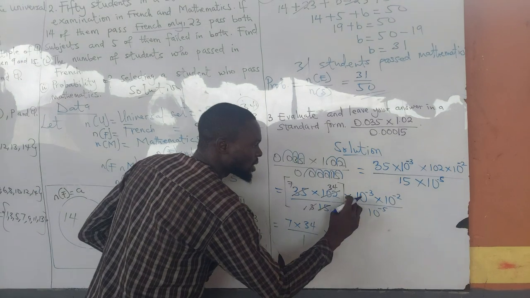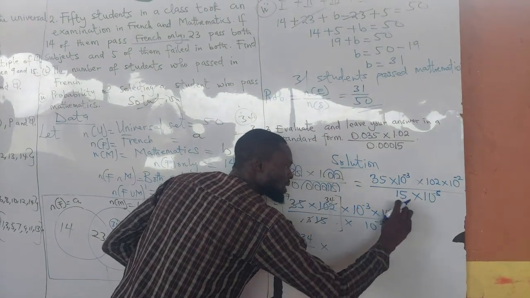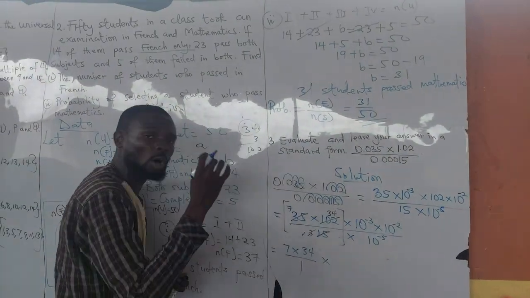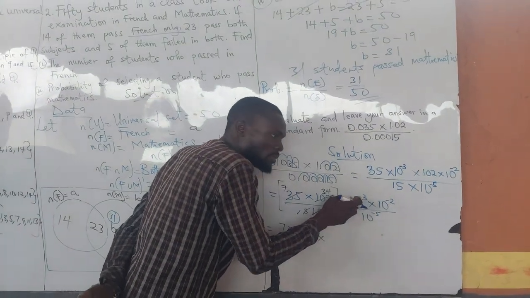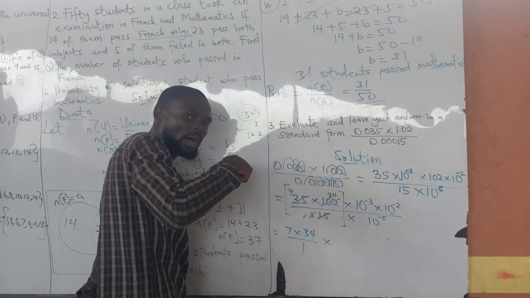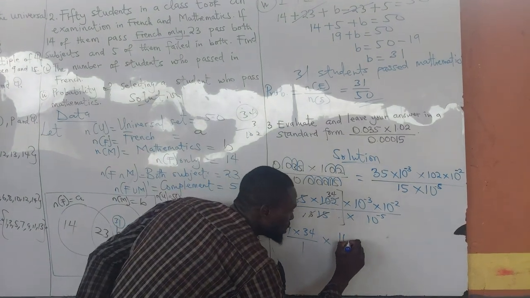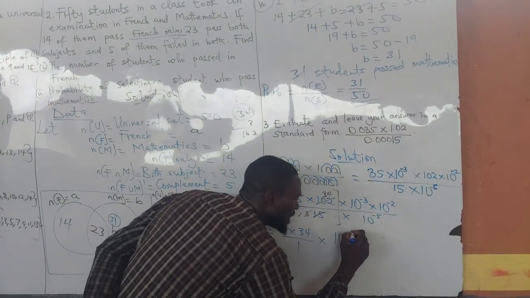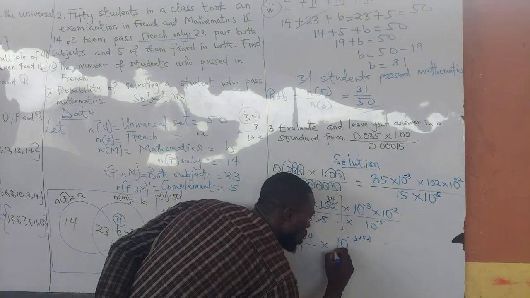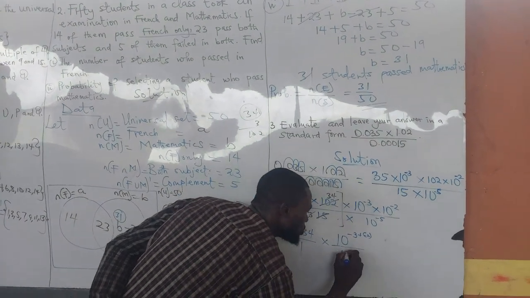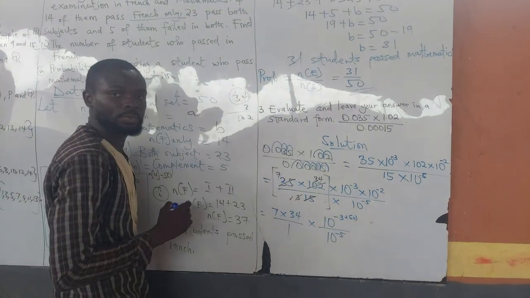Then times, for the powers that you have here, we are going to use the law of indices. If you are multiplying and the bases are the same, we add the powers. So this gives you 10 raised to the power -3 plus -2, all over 10 to the power -5.